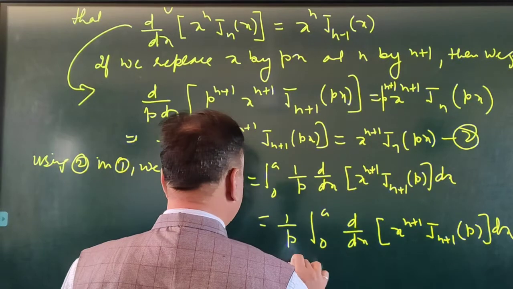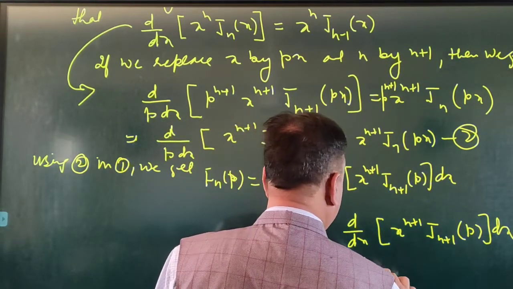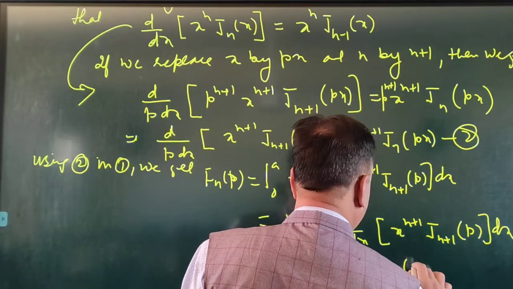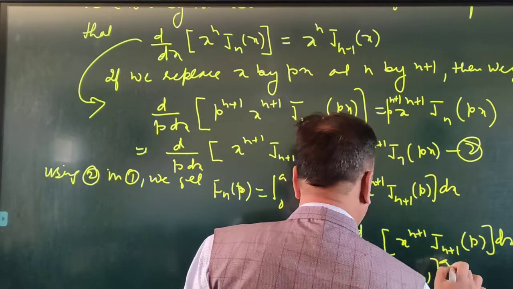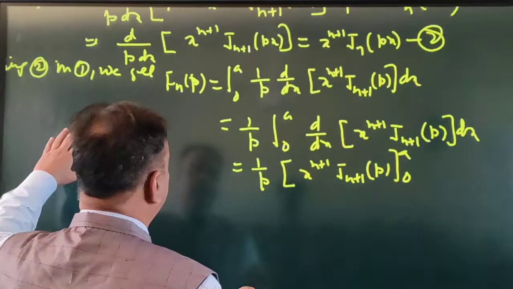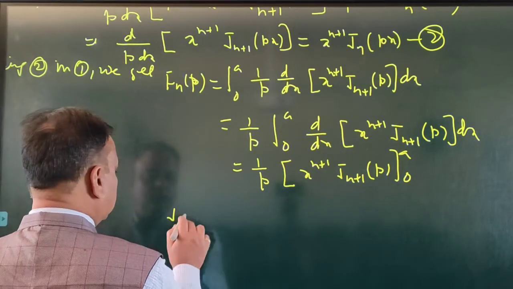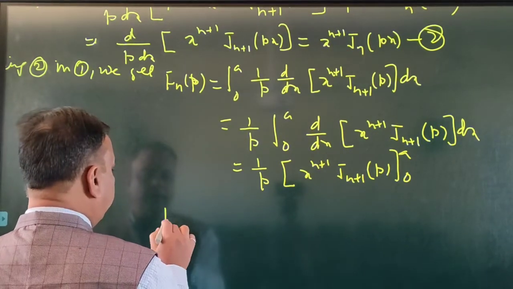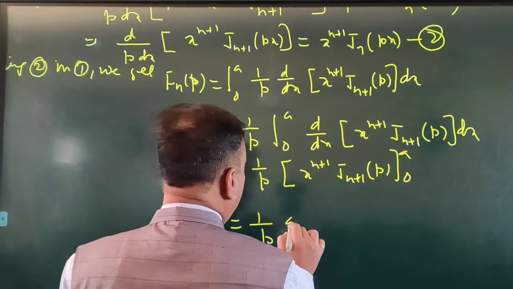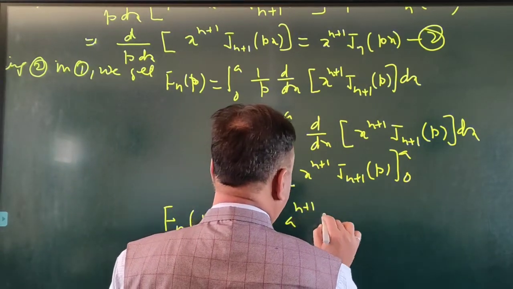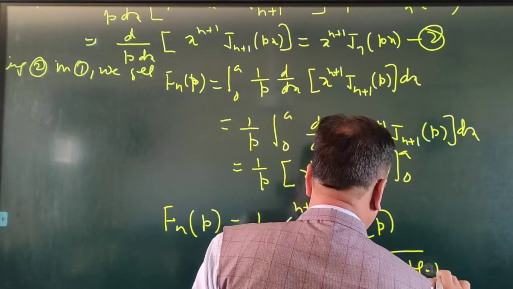On integrating this, we get 1 upon p, x raised to n plus 1 J_(n plus 1)(px), with limits from 0 to a. Putting the limits, we get f_n(p) is equal to 1 upon p, a raised to n plus 1 J_(n plus 1)(pa), which is the required result.